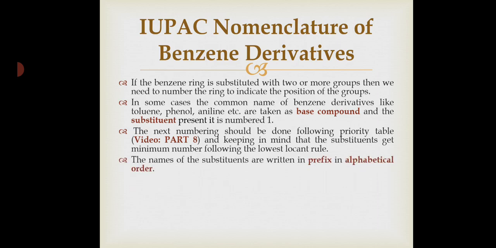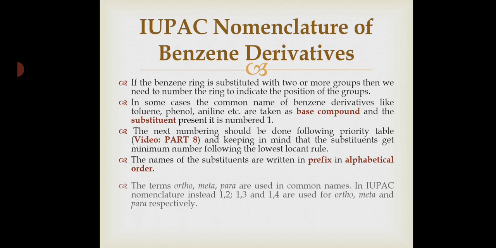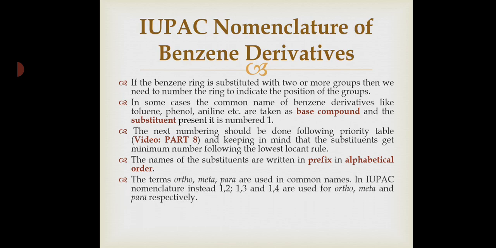The names of the substituents are written in the prefix. We all know the substituent names are to be written in the prefix in alphabetical order. The terms ortho, meta, para are used in common names, but in IUPAC nomenclature we don't use ortho, meta, para.